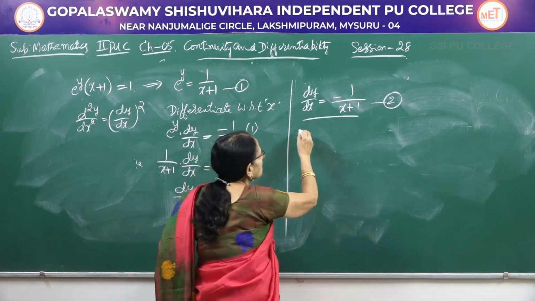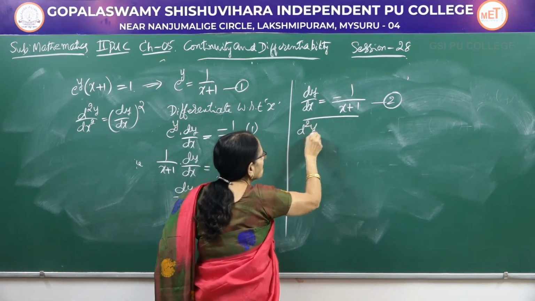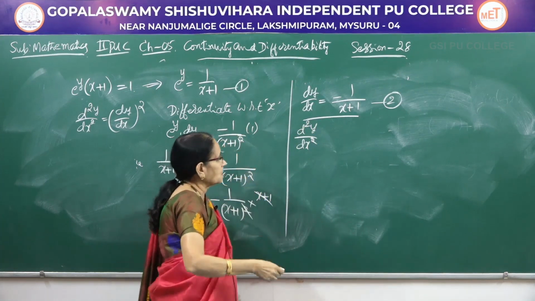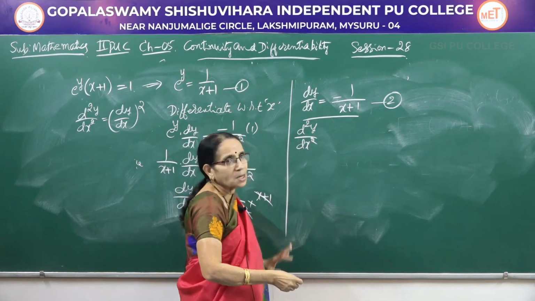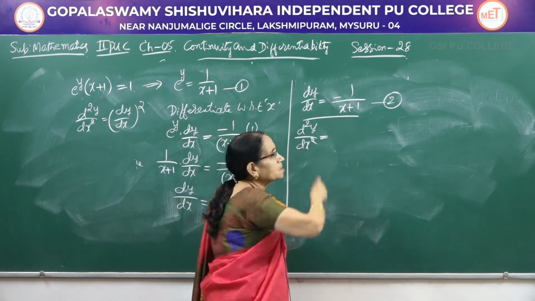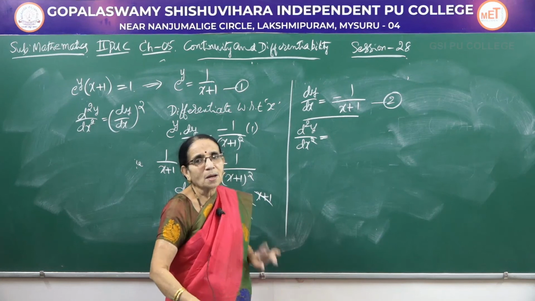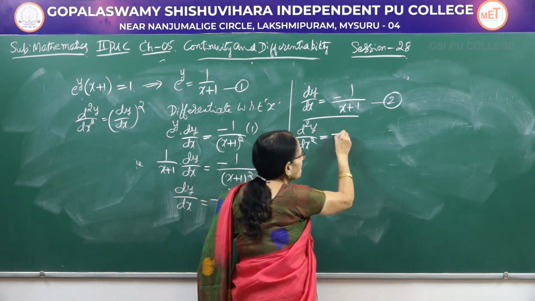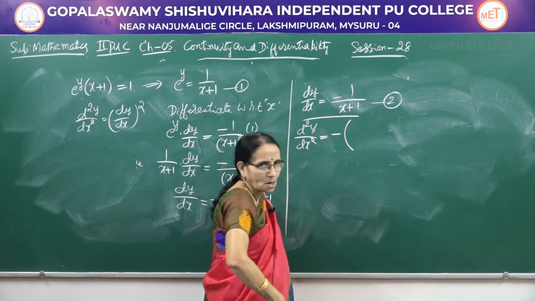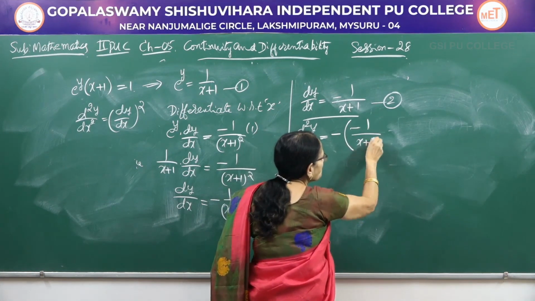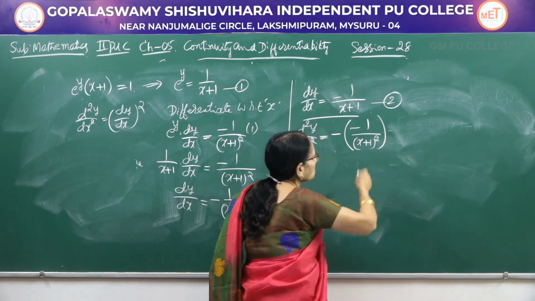Now let us differentiate again. Now it is not a composite function as in the previous case. So d square y by dx square. Now again it is of the form 1 by x. What's the formula? Minus 1 by x square. Already one minus sign is there. Keep that minus sign outside. Write it as minus 1 over x plus 1 the whole square.